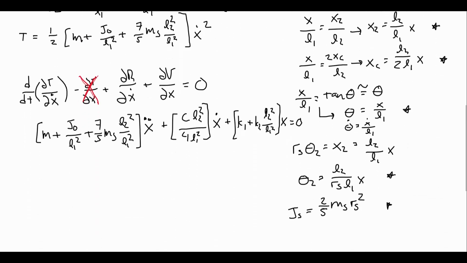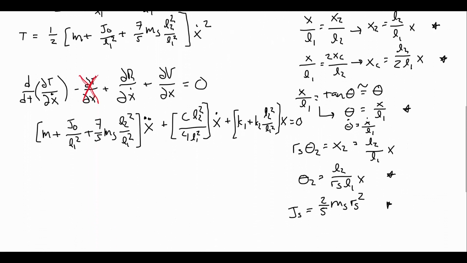Okay, so this is now, with just a little bit of indication here, my M_EQ. So my equivalent mass in this system is the coefficient in front of the x double dot. This is my C_EQ, and this is my K_EQ.